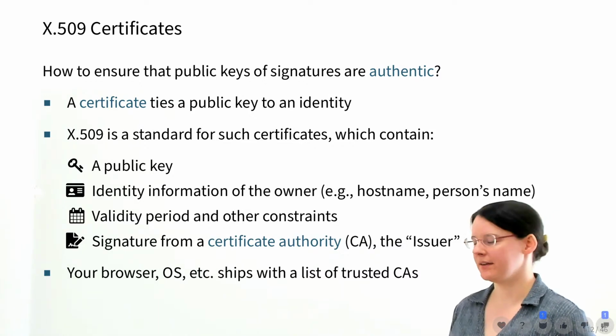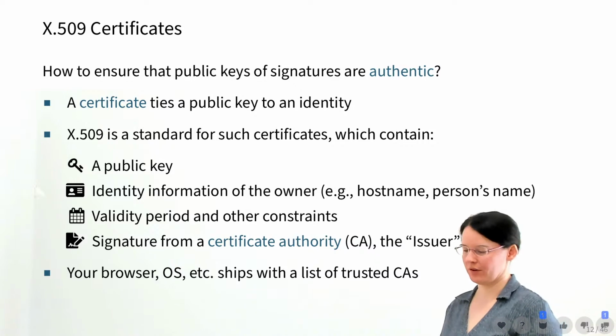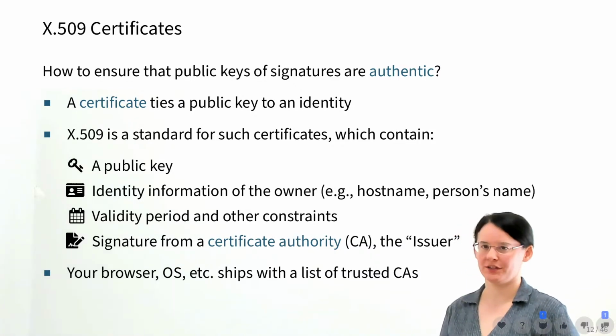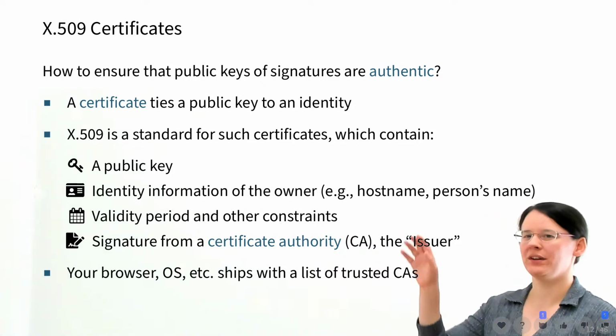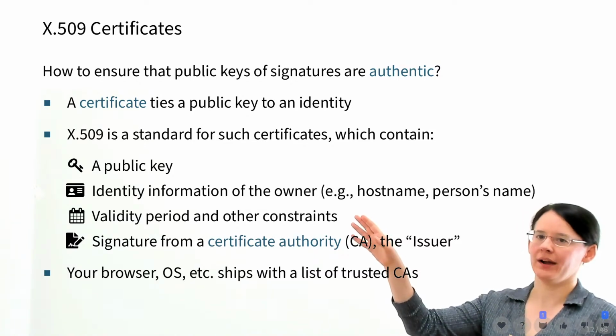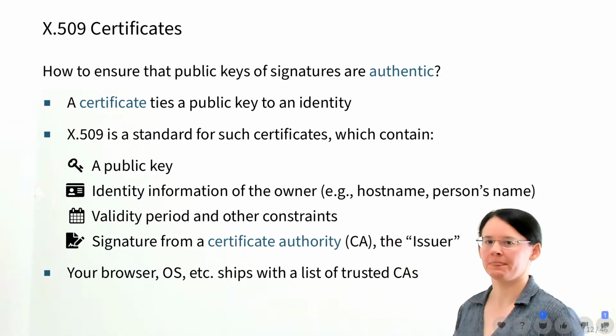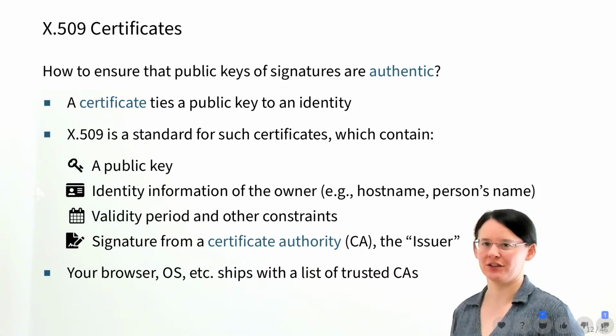There are also other mechanisms that limit the validity of certificates. So in particular, certificates can also be revoked. So in case, for example, we notice that the private key of some certificate was compromised, we might invalidate the certificate by revoking it. How is this implemented? For example, with certificate revocation lists.